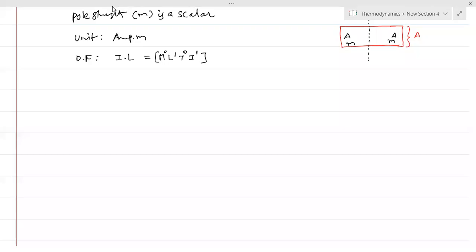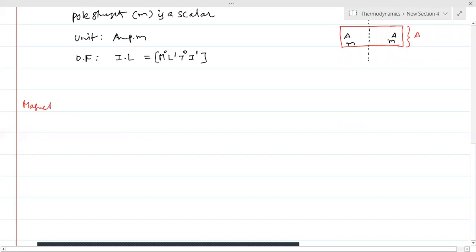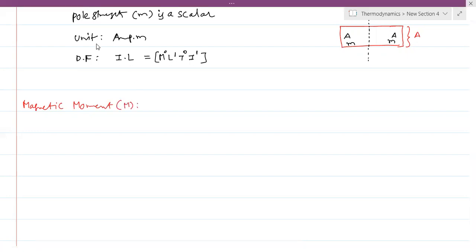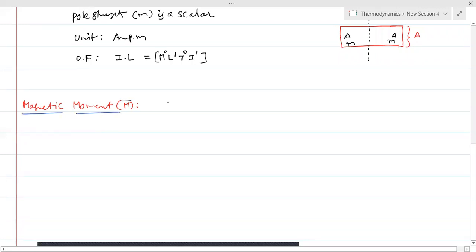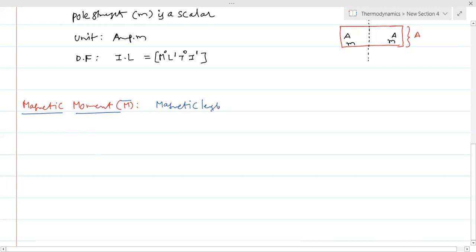Next, we take magnetic moment, capital M. Magnetic moment is a vector. It is defined as the product of magnetic length into pole strength.